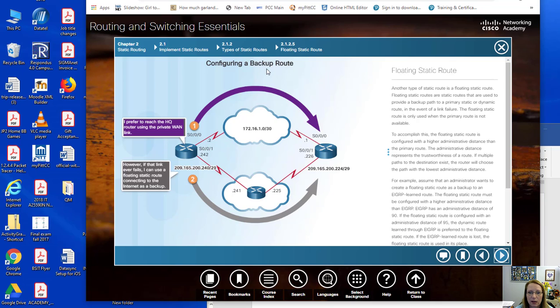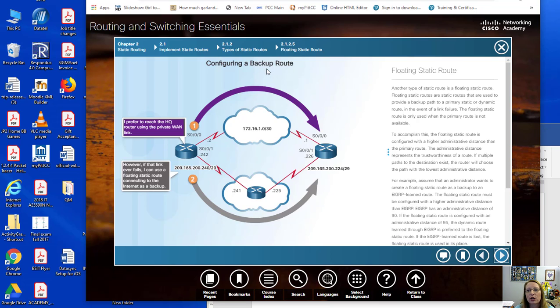That's how it would be seen. You start getting into dynamic protocols, which are not quite as reliable, and the numbers start getting higher. So you can look at RIP and it is at 120, or you can look at OSPF, and that's, I believe, at 110. EIGRP is 90, so they're much higher.